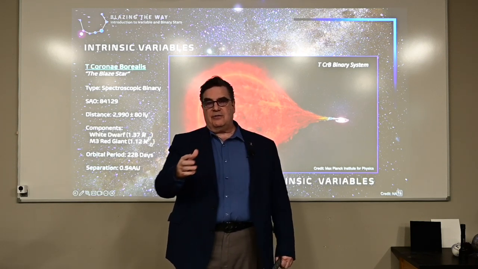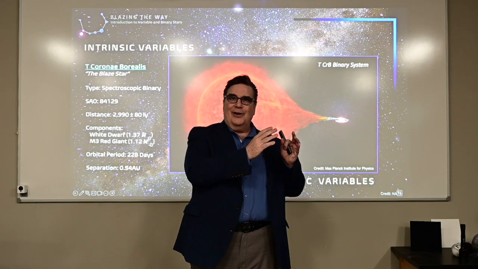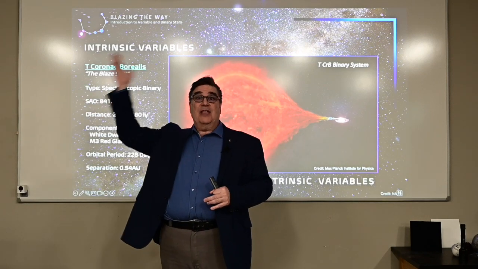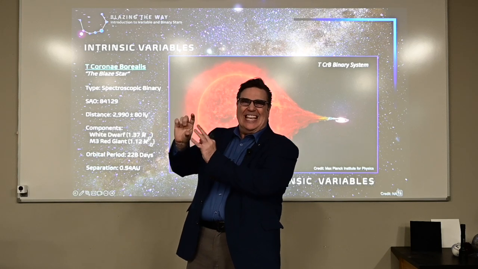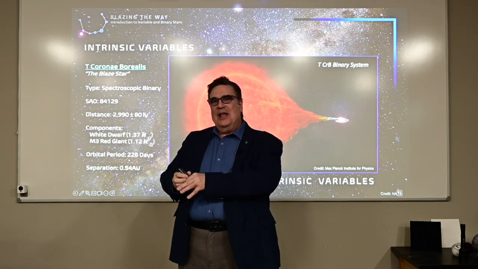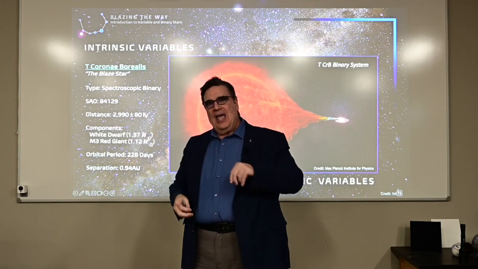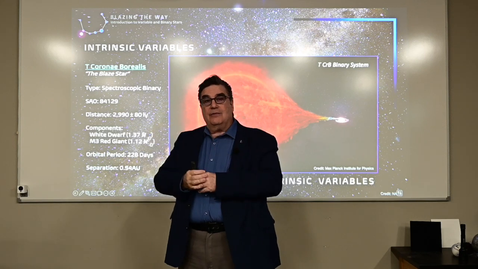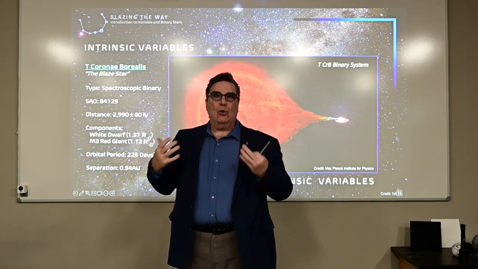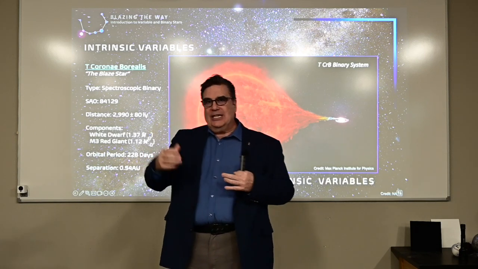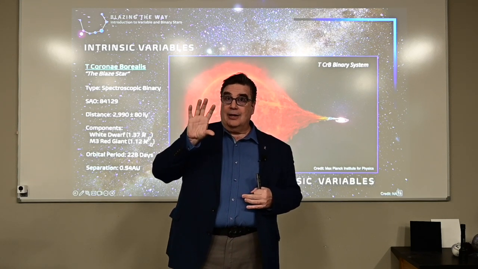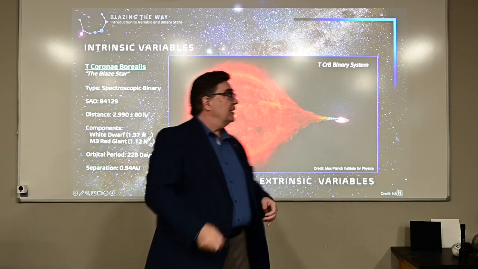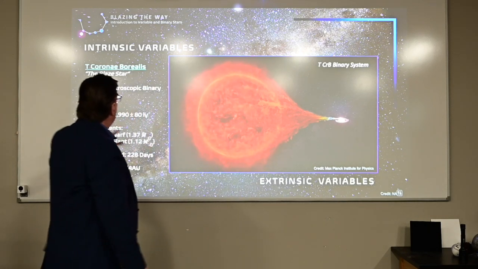Variable stars have designations that range from R to Z, and then they start over again to RR to ZZ, and then there's also some V's with numbers behind it. This particular one is T, and the CRB is essentially Coronae Borealis, the Latin genitive for Corona Borealis, the northern crown, the constellation that this particular star is within.